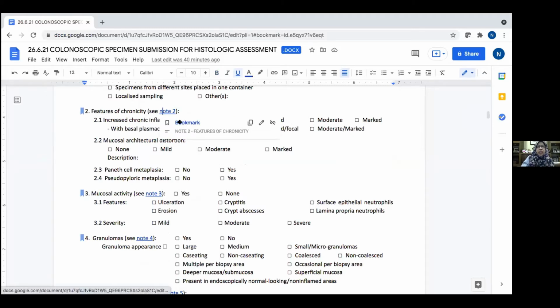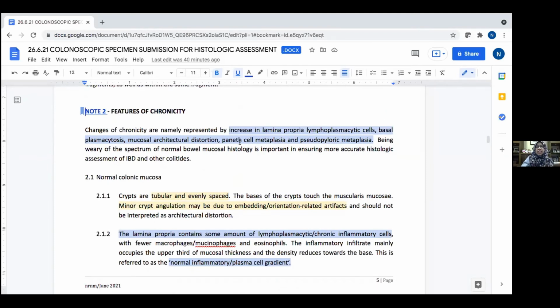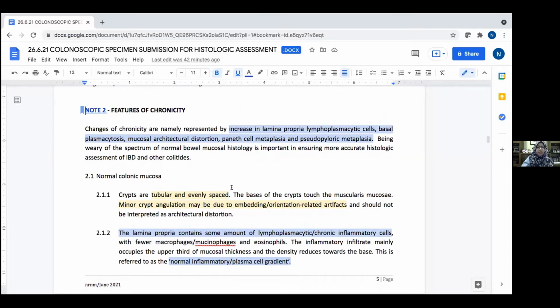So as I said earlier, the main features of chronicity are an increase in chronic inflammatory cells, sometimes with or without basal plasmacytosis, mucosal architectural distortion, Paneth cell metaplasia, and pseudopyloric metaplasia. These are the main chronicity changes that you'll be able to see in most cases of IBD.